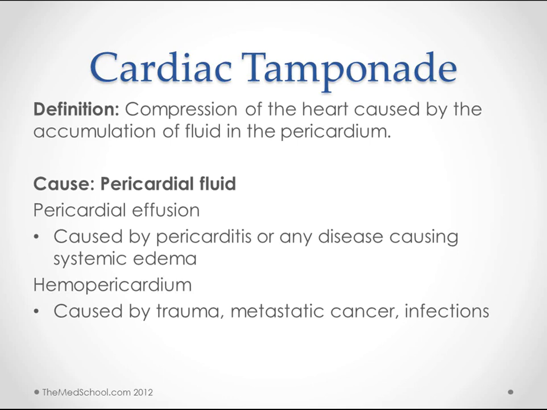So different types of shock can cause it, or hypertension. Other things that can cause edema can be associated with pericarditis. And then hemopericardium, usually we're going to have something sharp sticking into your chest, or something hitting your chest really hard. But metastatic cancer or infections can cause hemopericardium as well.